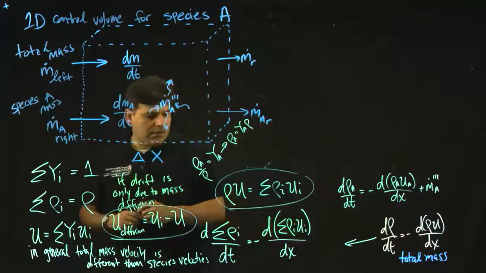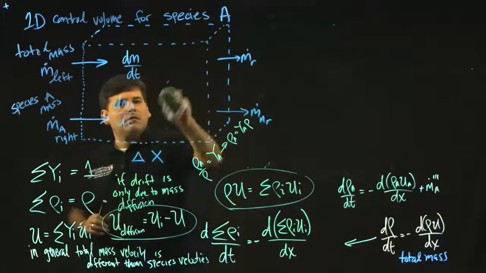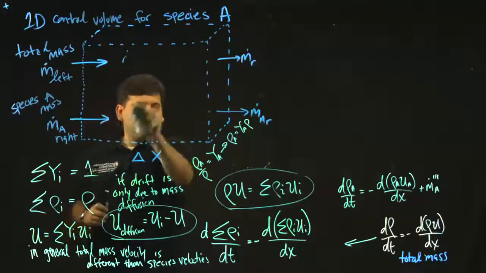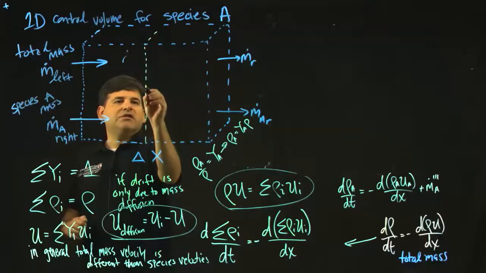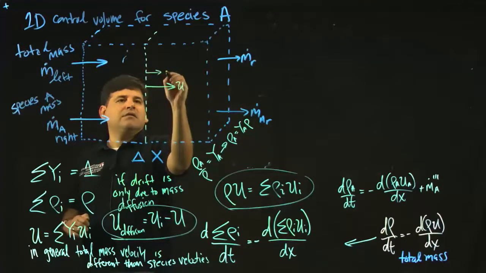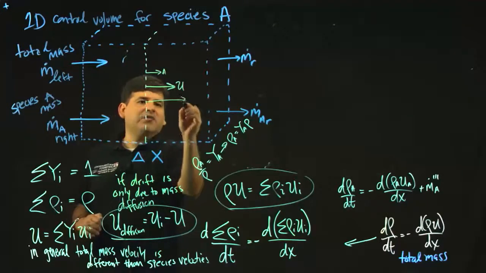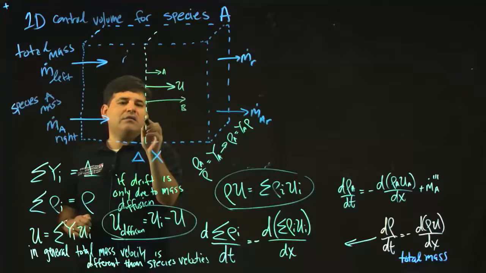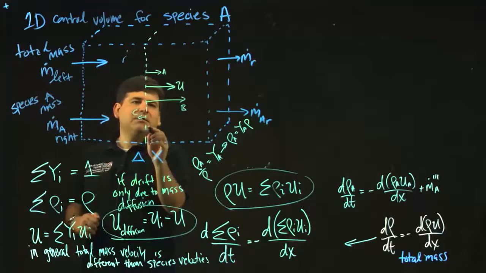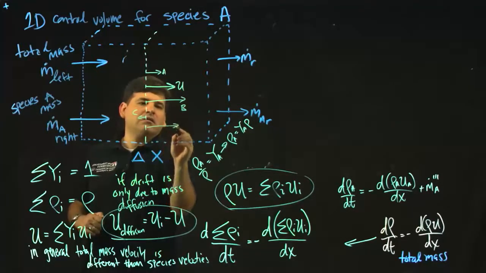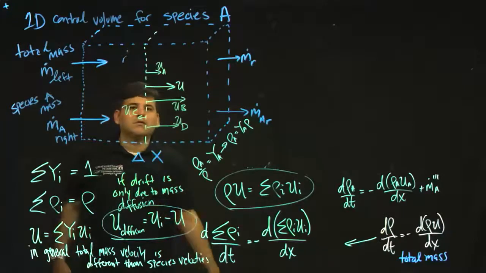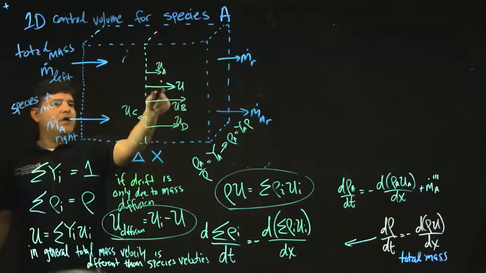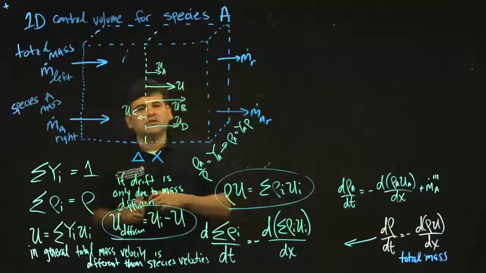Within this control volume, at this plane here, this would be the total velocity, but each component is going to have a different drift. Let's say this is A, and then this might counteract with B, be a little bit faster, and then one, by some fluctuation, might have something like this. But in general, depending on their mass fraction, these all have to balance out to this bulk velocity, or total flow velocity.